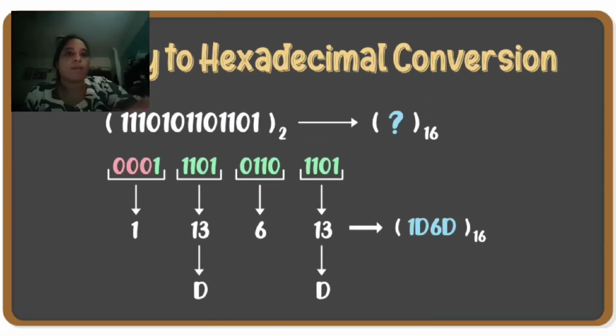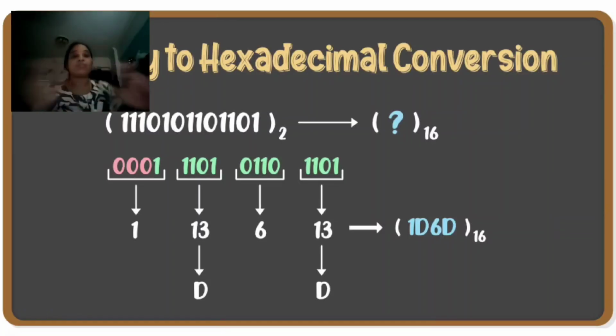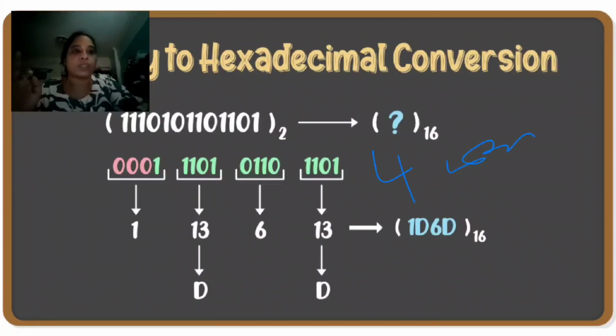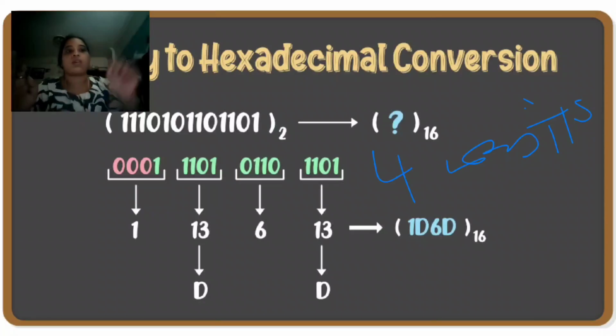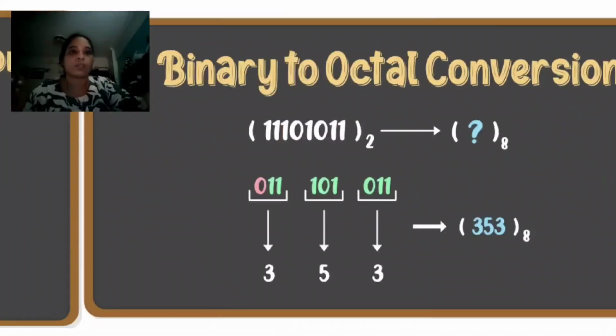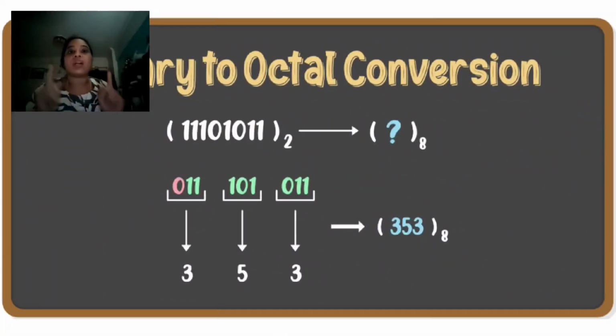Okay, next, binary to hexadecimal conversion. Binary to hexadecimal means we should split into 4 bits. When we move to octal, we have to split 3 bits, right? This is for octal conversion, 3 bits.